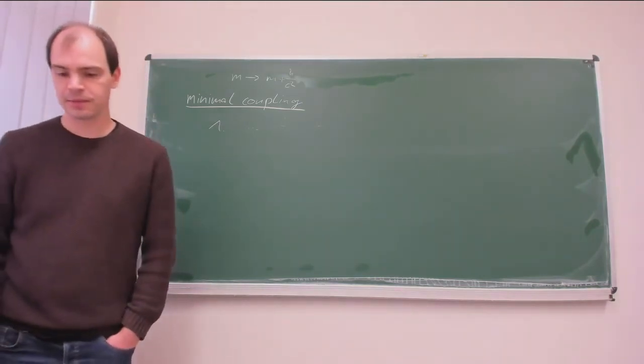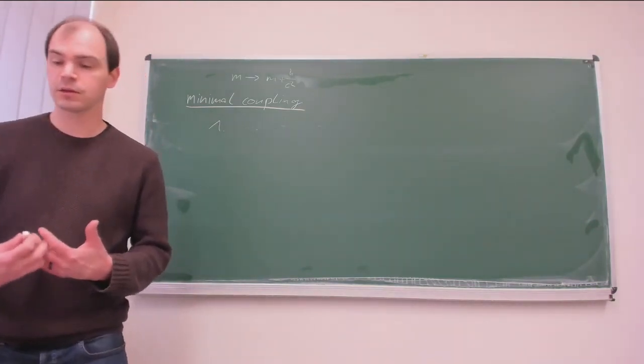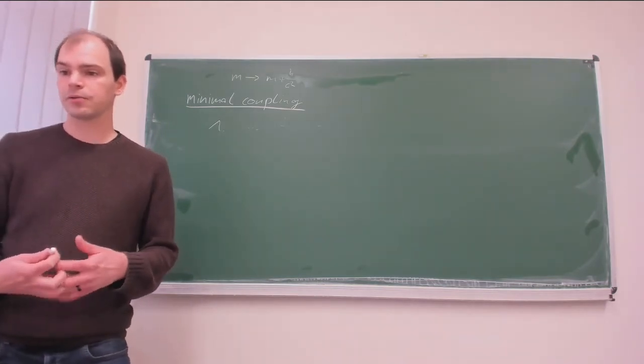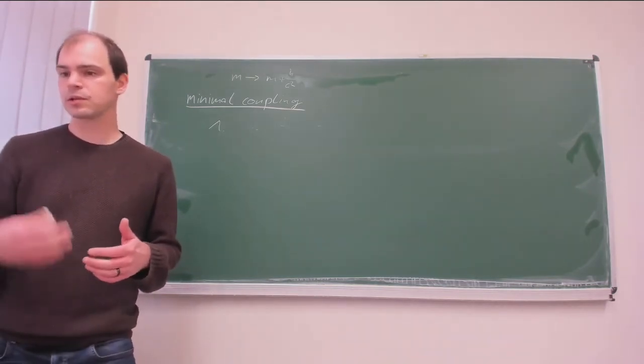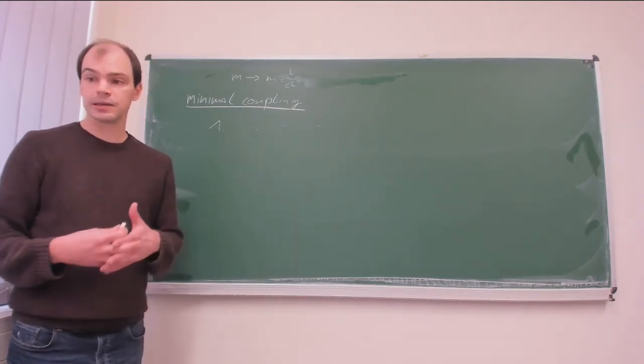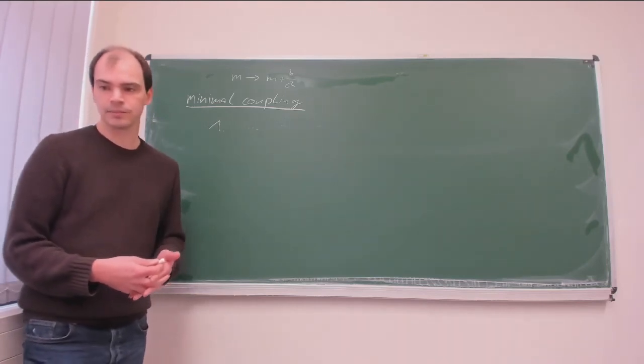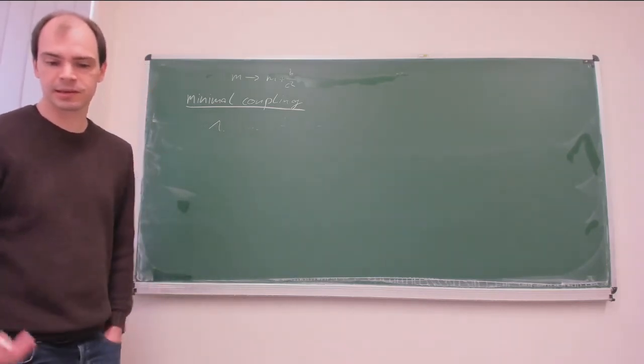The first step is you find a Poincaré invariant formulation of the dynamics of your system, of your particle, field, whatever you have. So you need to write it in a way that is compatible with special relativity, that is special relativistically invariant.